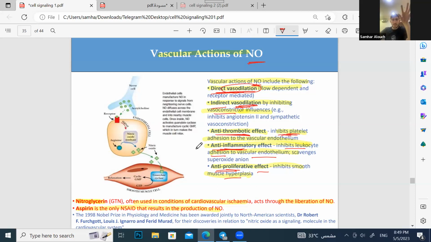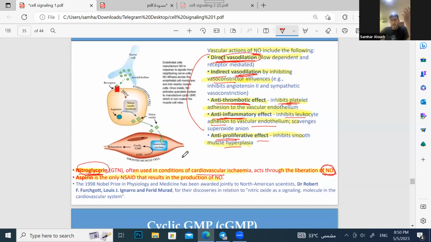Now, nitric oxide, we have it in our body. How? We synthesize it from something called nitroglycerin. In our body, we convert it into nitric oxide, and that nitric oxide makes these 5 actions. We can take nitroglycerin in conditions like cardiovascular ischemia, and it acts by making nitric oxide. We can take nitroglycerin as a drug, but it's not very effective.